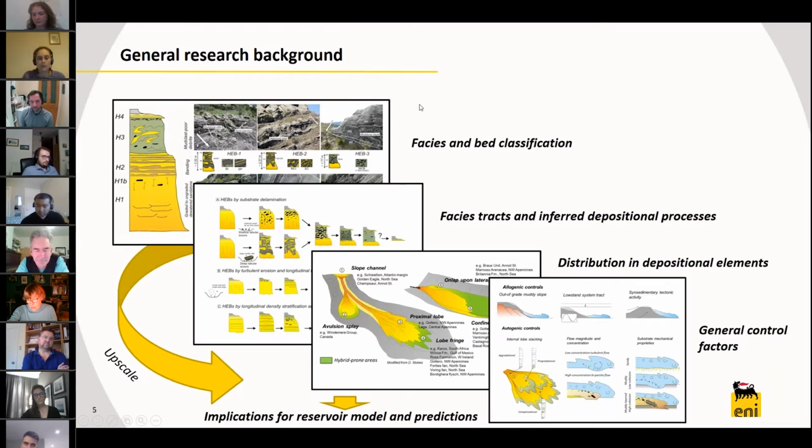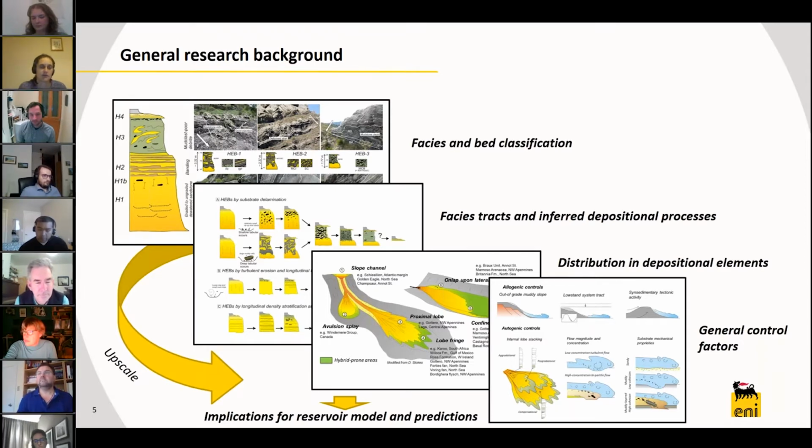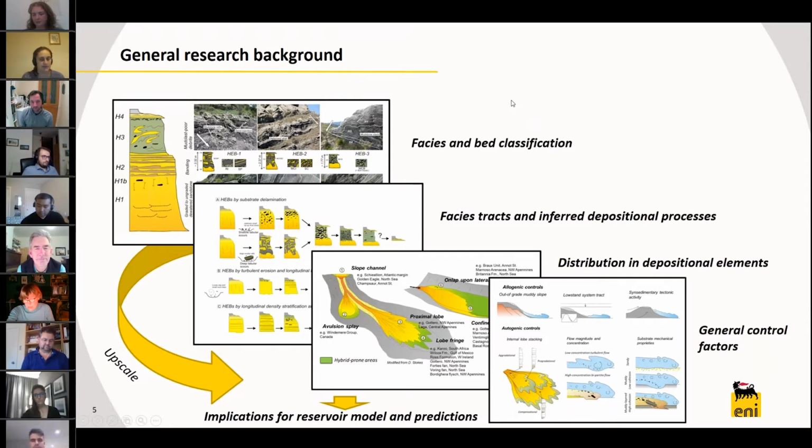For example, I spent quite a lot of time characterizing facies and trying to develop a bed classification scheme that was mostly based on the texture of the H3 division, which I think was the real hint for detecting the kind of flow process, the proximality and distality of the system itself, and also the kind of evolution that the bed will have.